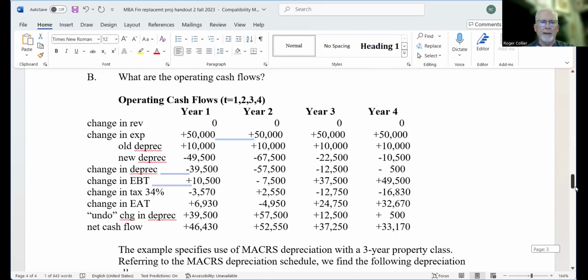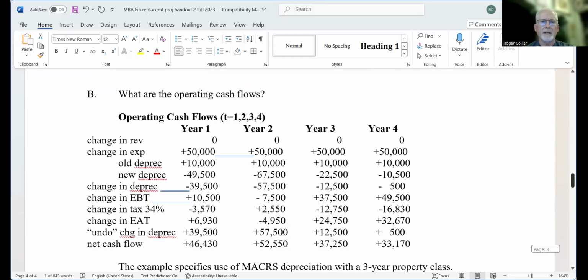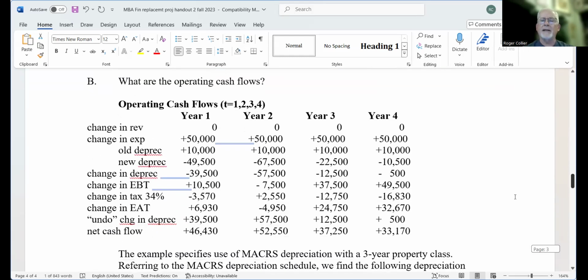Okay, operating cash flow. Well, we talked about a minute ago how the statement is that at the end of its useful life, it will be sold after 4 years. That's what we're looking for, not the MACRS.